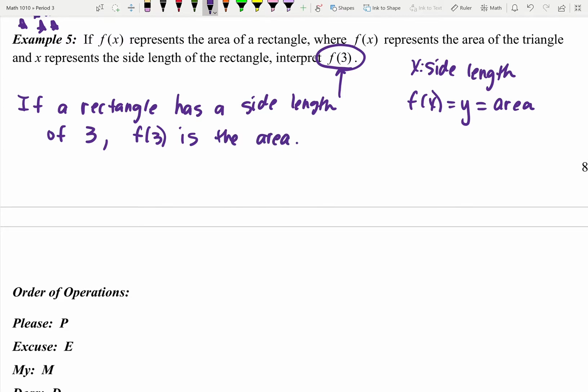Now, I'm just going to be honest with you. I don't love how I wrote that. Let's do this. Draw a line right there. This is acceptable. There's a better way. Okay?